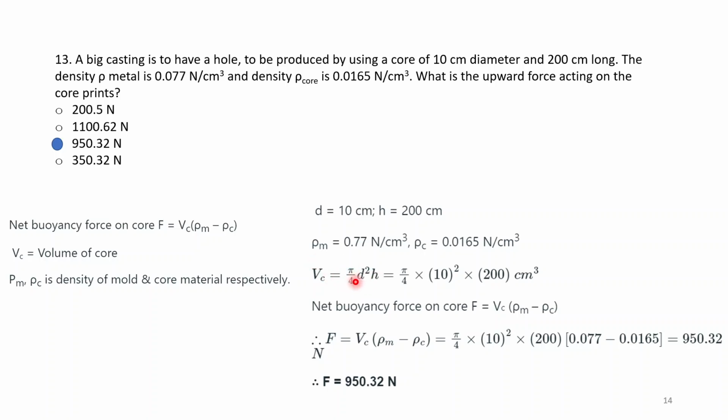So pi r square h will be the volume. Using that you can calculate the core volume Vc, and then rho c and rho m are already given. So based on this formula you will be getting a value of 950.32 Newton. So this will be the correct answer.